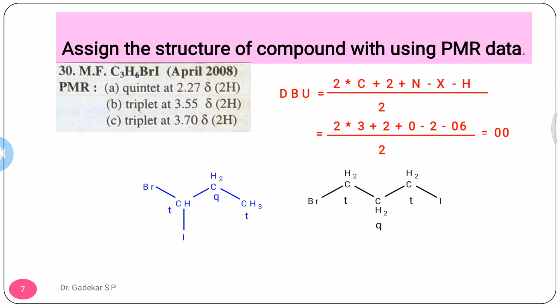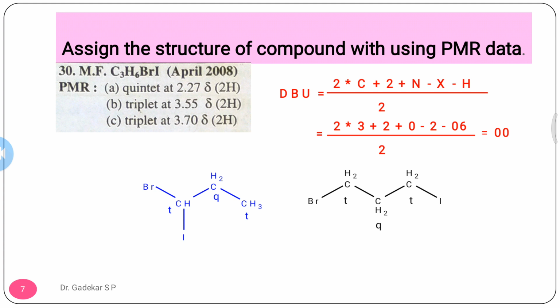How many double bond unsaturations in this 30th example? Put the values: 2 into 3 number of carbons, plus 2, plus 0 nitrogen atoms and halogen, minus hydrogen 6, divided by 2, is equal to 0.